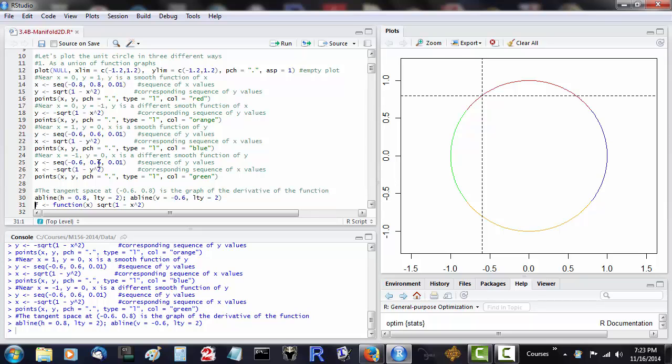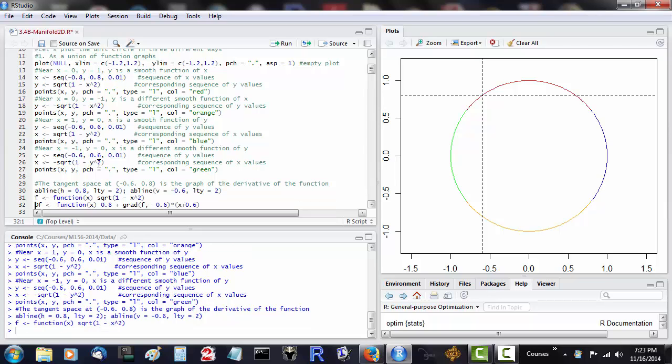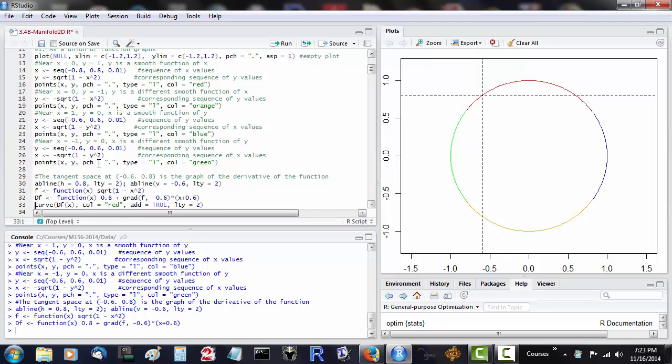I put some crossing dashed lines to show where I want to know the tangent space. I take my function f, y was the square root of 1 minus x squared, and I compute its derivative, and the function that I want to graph is 0.8, the value of y at the point where the dashed lines cross, plus the derivative evaluated at that point multiplied by x minus 0.6.